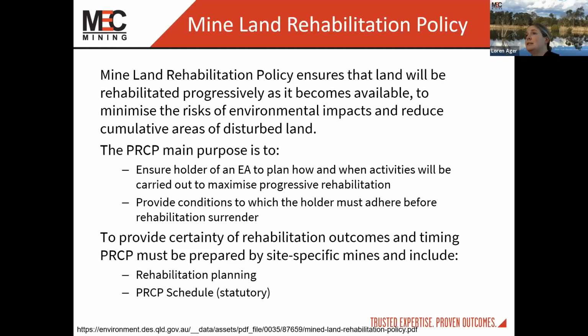However, because it is a statutory requirement and a simplified document compared to what you would normally have in a mine planning document, it is much simplified. The details and the planning behind it sit inside the rehabilitation planning stage. So the rehabilitation planning stage drives what is then put into your schedule and what you're legally held to.